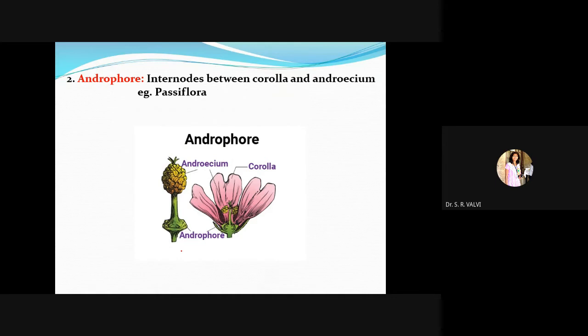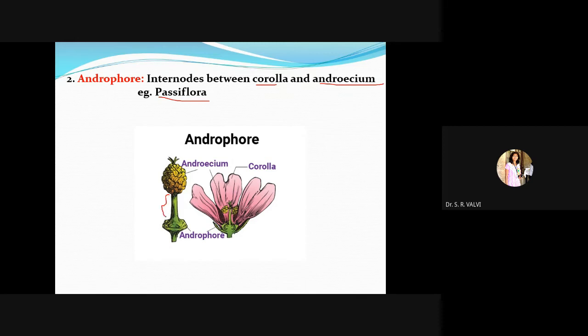Next, androphore. Now see, the internode between corolla and androecium. Previously it was between calyx and corolla, and we called it anthophore. Now here androphore: the internode between corolla and androecium. The example is Passiflora. Here you can observe this portion.